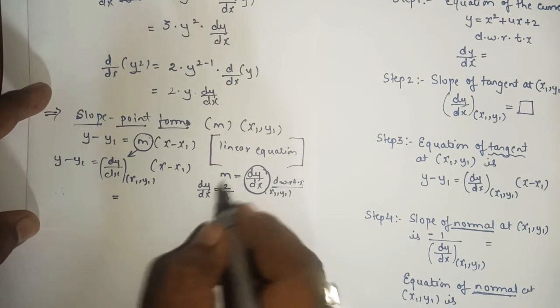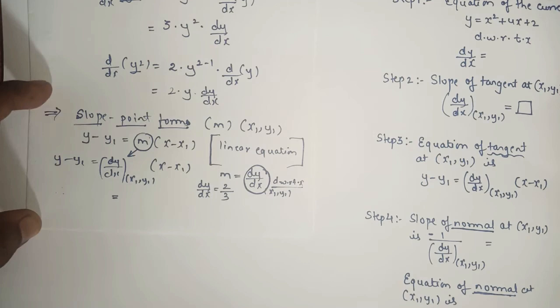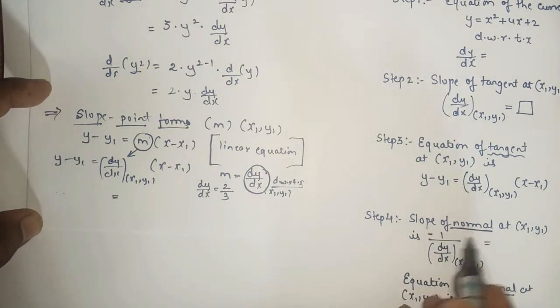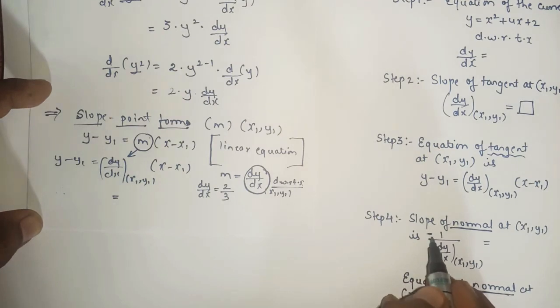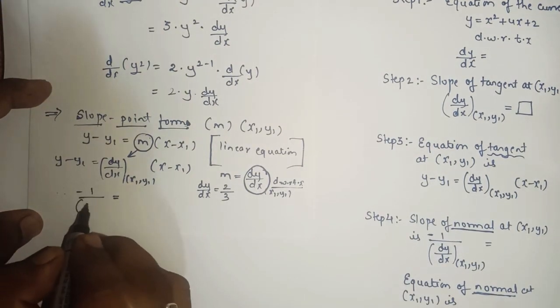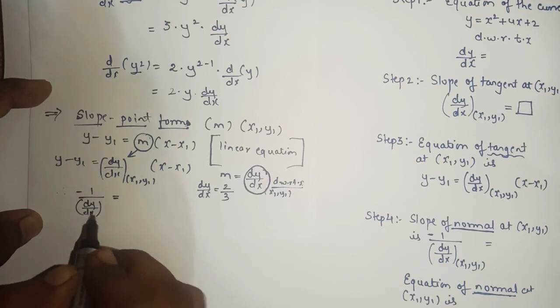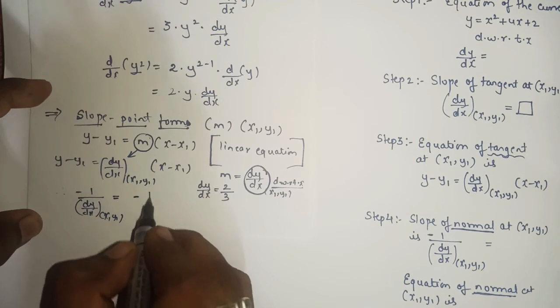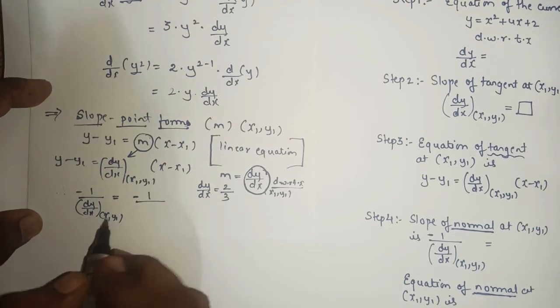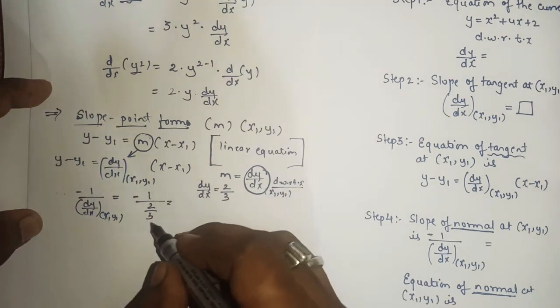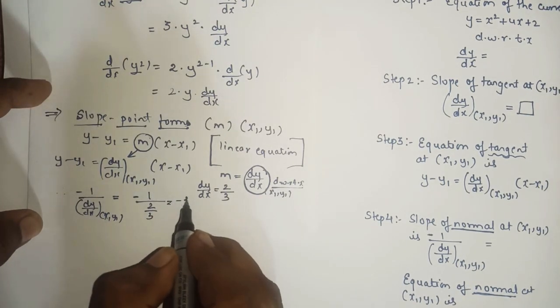you have to take the reciprocal of this value with the opposite symbol, or you can apply this formula. To find the slope of normal, your minus will come, remember. Minus 1 upon dy by dx at x1, y1. It means you will write minus 1 here, dy by dx here we got 2 by 3. This 3 will go up, so the answer will be minus 3 by 2.